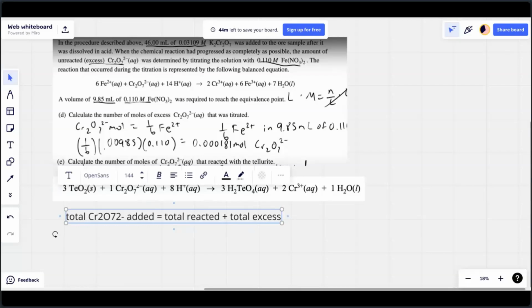That's pretty simple. So now if we rearrange this equation, we can find that the total reacted, what we're looking for, is equal to total added minus total excess. Everyone follow me so far? Let me just make sure in the chat things are moving. We understand how we got to that equation of total reacted equals total added minus total excess.